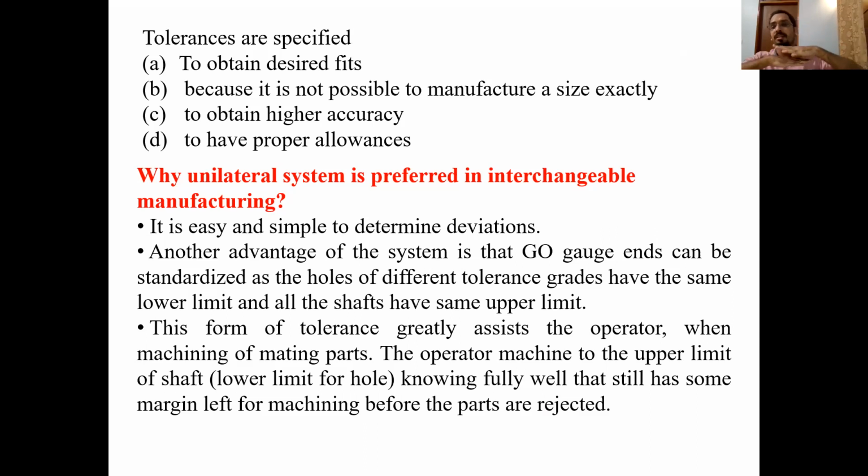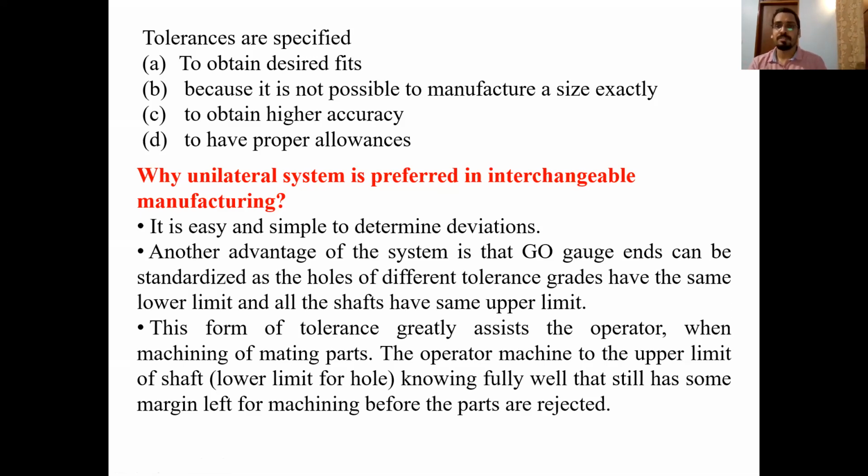We consider the upper limit as the basic size. So the fundamental deviation is easy to determine, because the upper limit of the shaft minus basic size will be 0, because basic size is equal to the upper limit in this case.